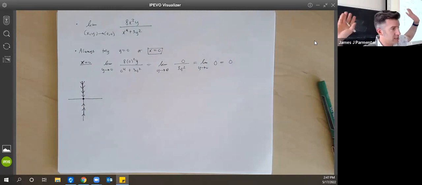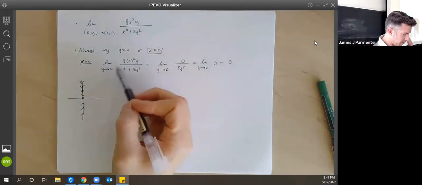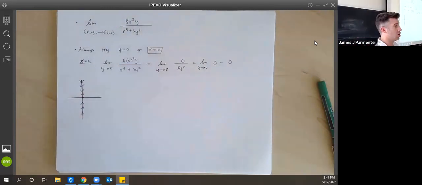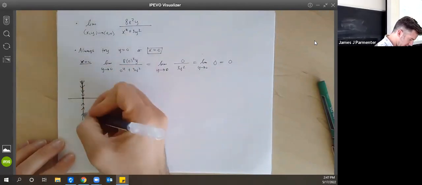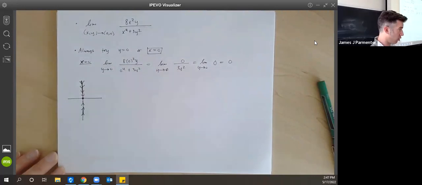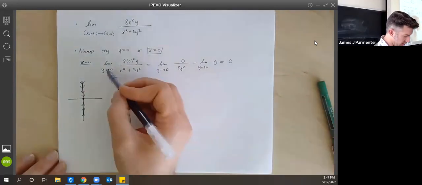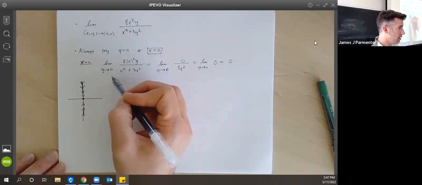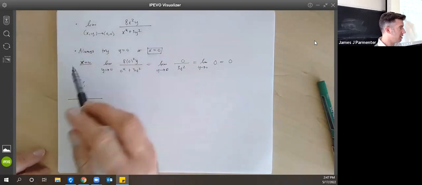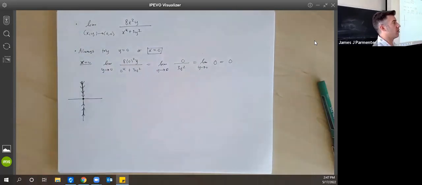I'm stuck. So I'm not going to write the x part of my limit anymore because I've chosen x to be 0. But as I'm moving either down this way or up this way, y is approaching 0. So that's why I'm still writing the limit as y goes to 0. Basically, whichever thing you set equal to something, that one kind of disappears and the other one still has to be in the limit. Do you have a question? No, okay.